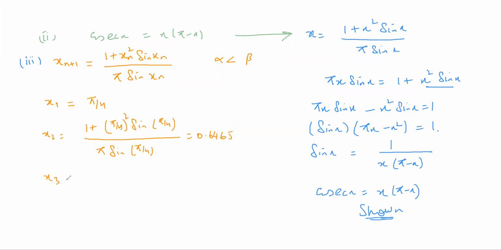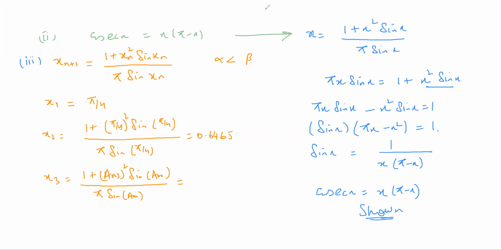For x3, I need to change all these pi by 4 with the answer. Like I need to write it in my calculator as: answer squared, sine answer, over pi. You don't need to write all of this. This is how you will be writing it in your calculator.